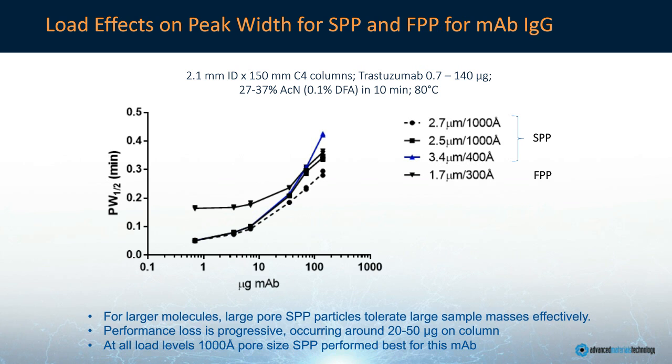For larger molecules, large pore, superficially porous particles tolerate large sample masses effectively. And this performance loss is progressive, and it occurs around 20 to 50 micrograms. It is important to note, though, that at all load levels, the 1,000 angstrom pore size particle performed best for this particular monoclonal antibody, which is trastuzumab.